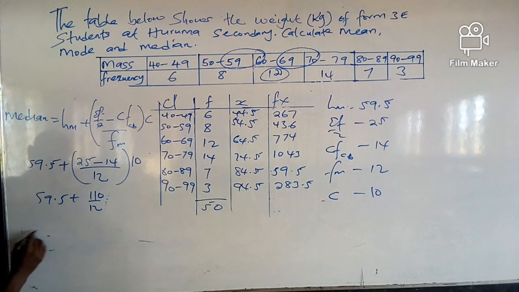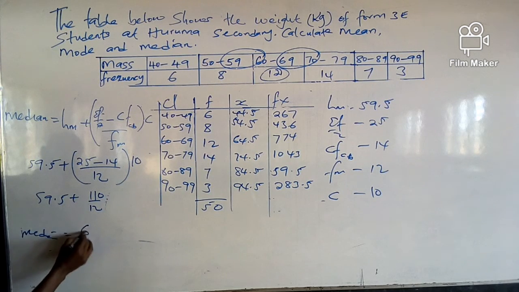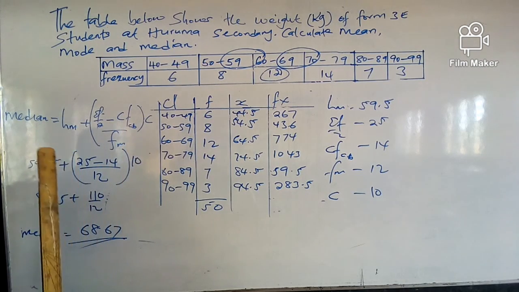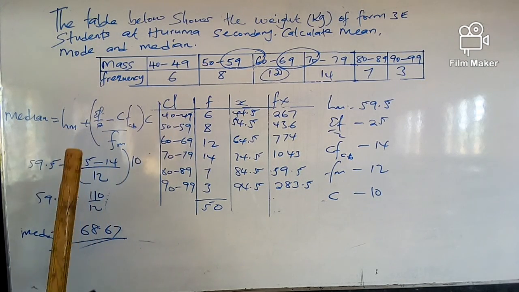From a calculator, the answer is 68.67. So this will be the median point of the students in that class, Form 3 West.